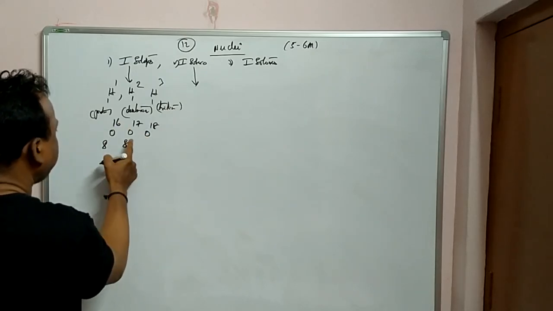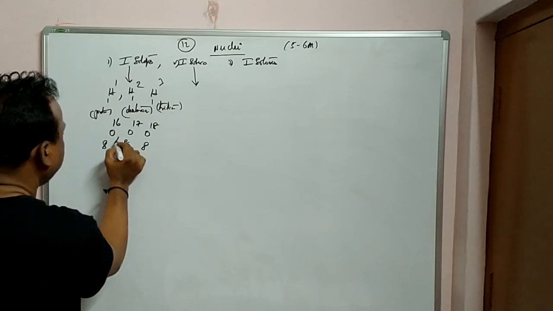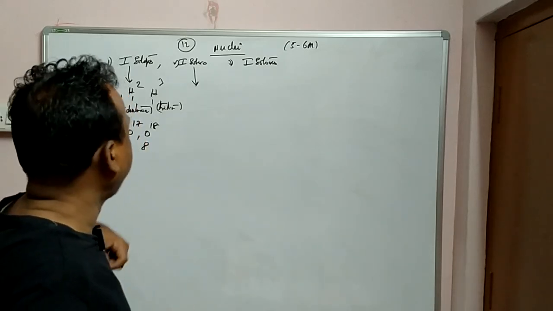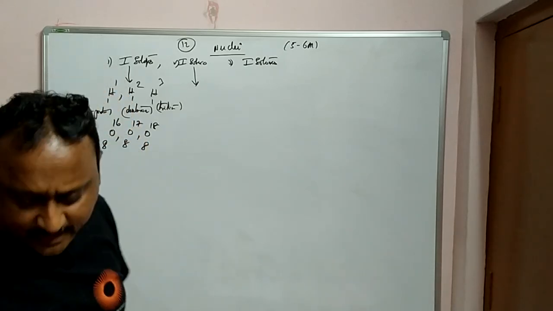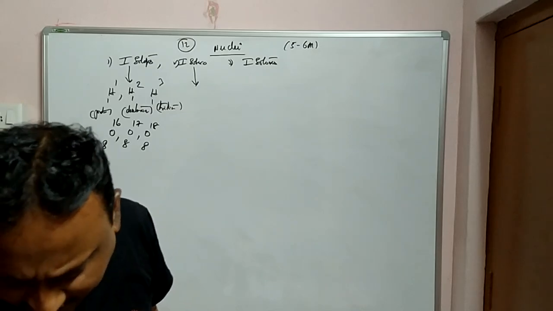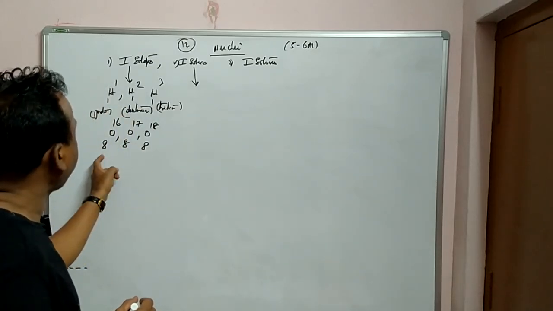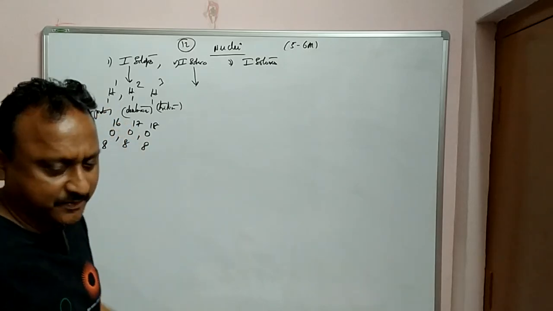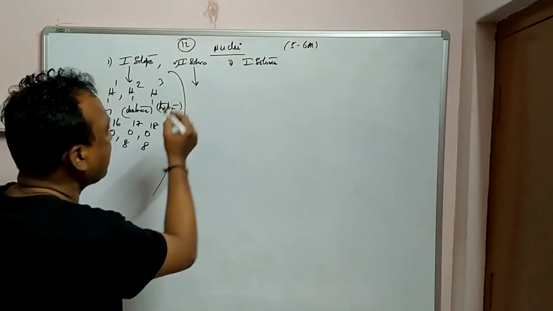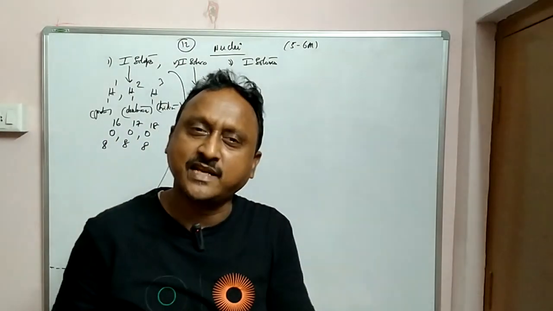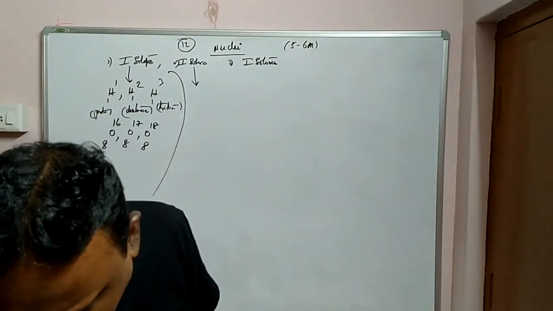This is the stable one, these two are unstable. Oxygen 8, 16 is stable, 8, 17 and 8, 18 are unstable nuclei. These are atoms having same atomic number, same element, different mass numbers. Isobars have same mass number, different atomic number, but different elements.